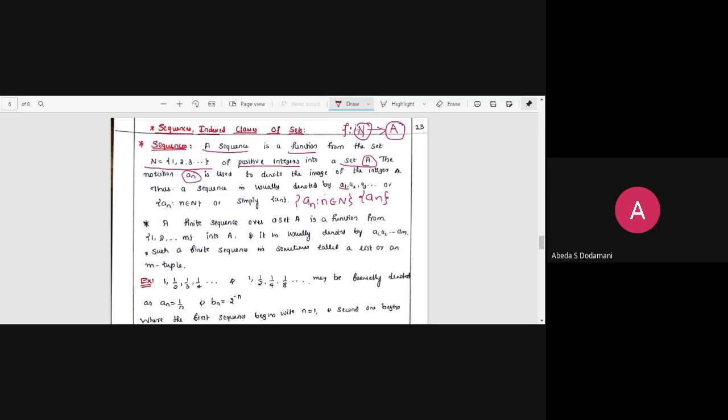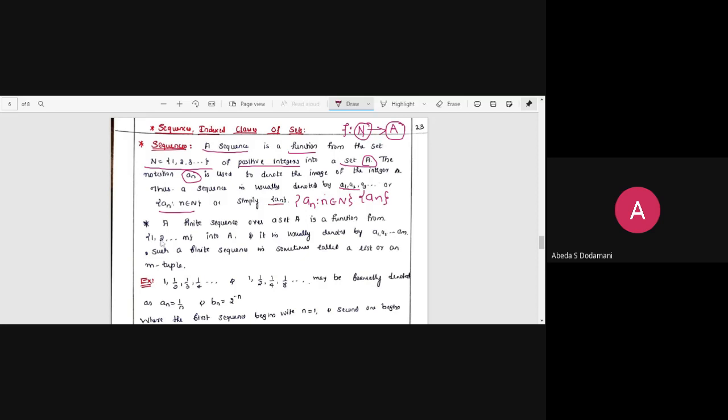Similarly, a sequence is the function whose domain is the natural numbers and it goes to any set A. And we can denote it by either this, or by this.